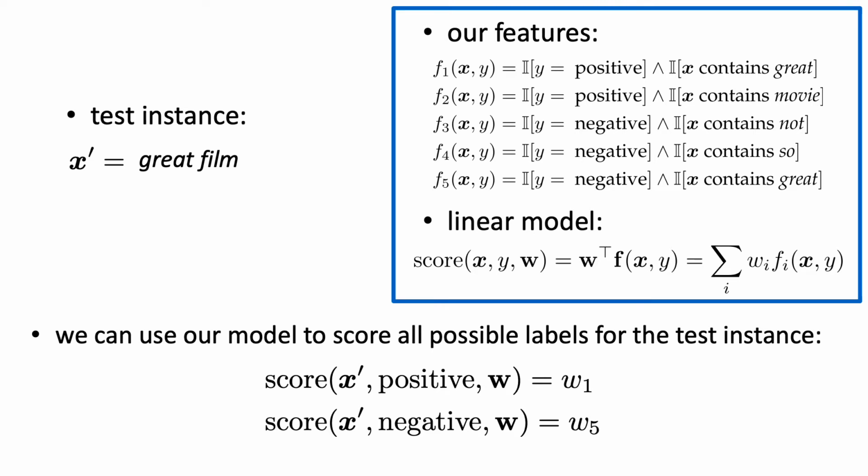Even though we have 5 features in our model, only a couple of them have non-zero value for this instance. So the score of the positive label is W1, and the score of the negative label is W5. If W1 is bigger than W5, the classifier will return the positive label, otherwise the negative label.